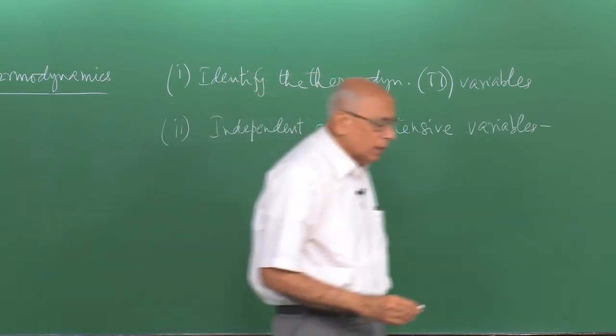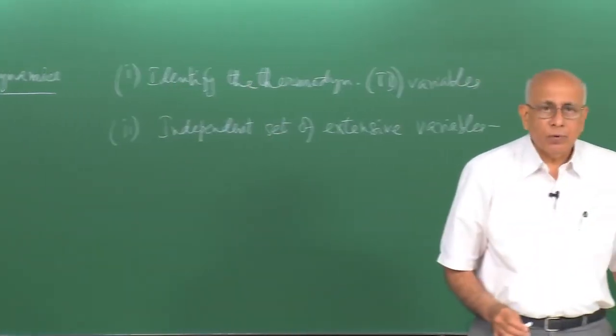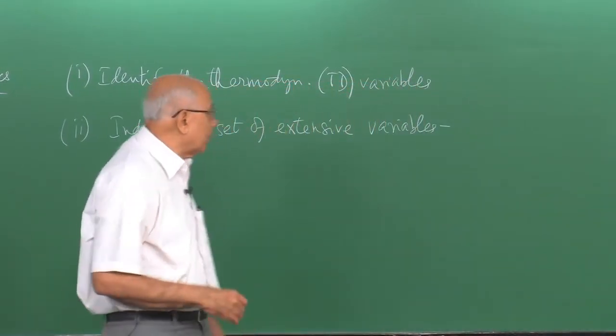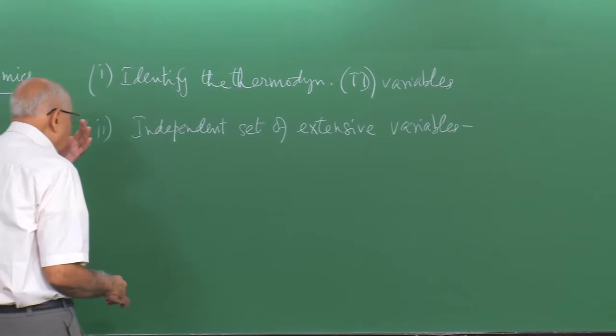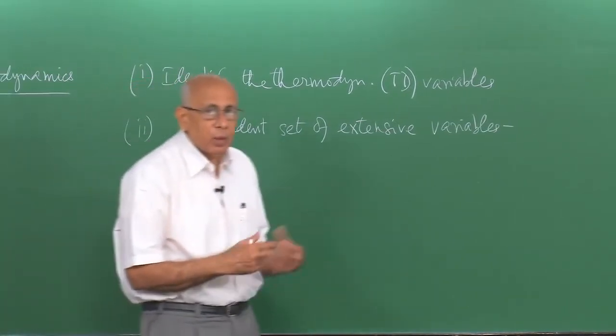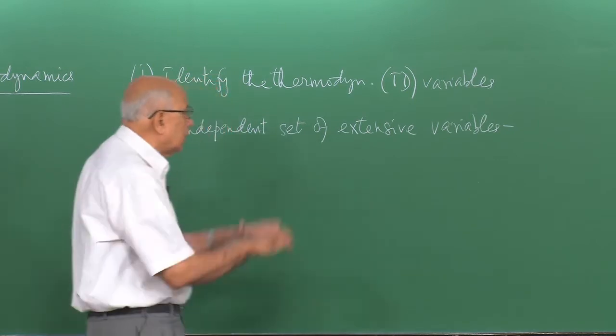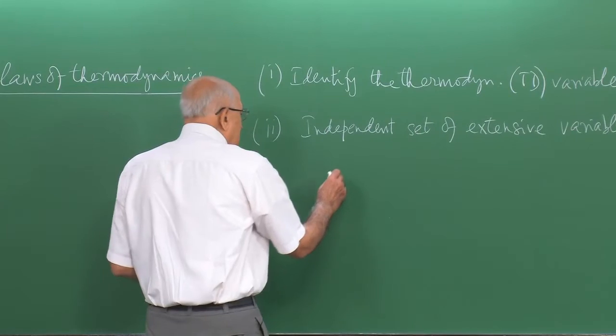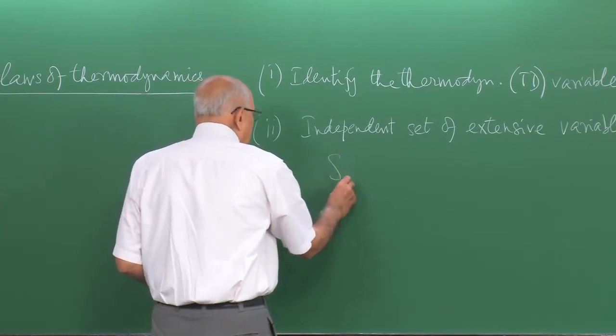This is not unique. One way of doing this, a very common one, and the one that is standard, so to speak, is the following. If you have a thermodynamic system comprising, say, several chemical components, several kinds of molecular species all mixed together, then one has a so called entropy of the system.